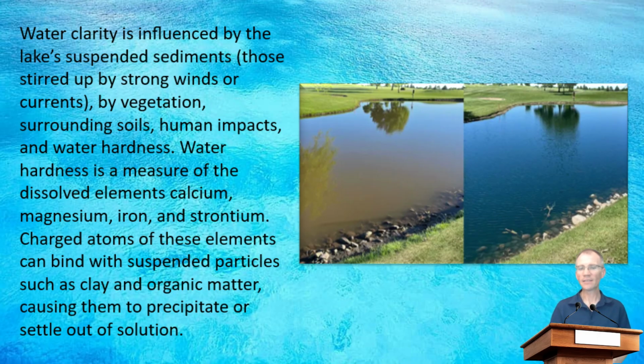Water hardness is a measure of the dissolved elements calcium, magnesium, iron, and strontium. Charged atoms of these elements can bind with the suspended particles such as clay and organic matter, causing them to precipitate or settle out of solution.